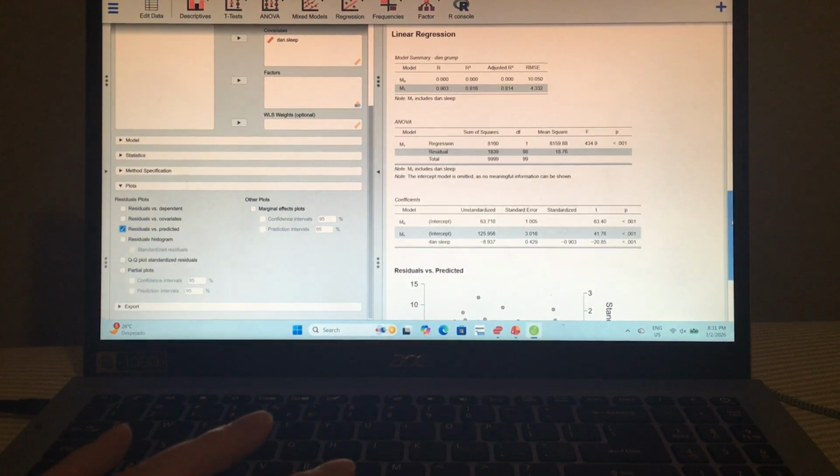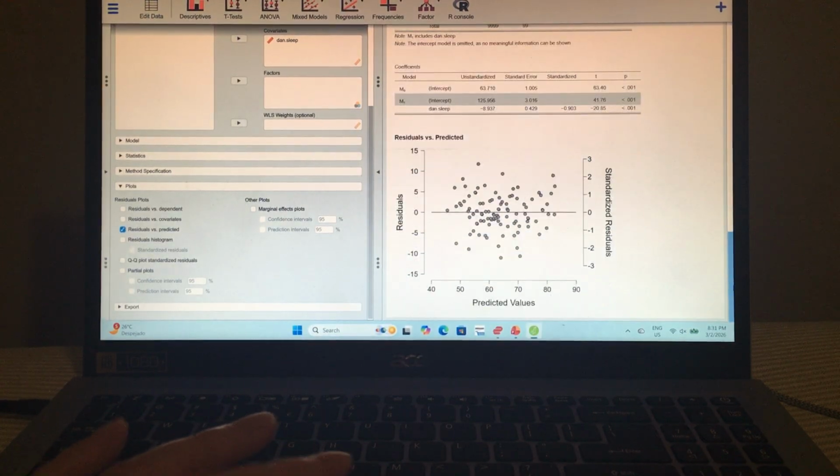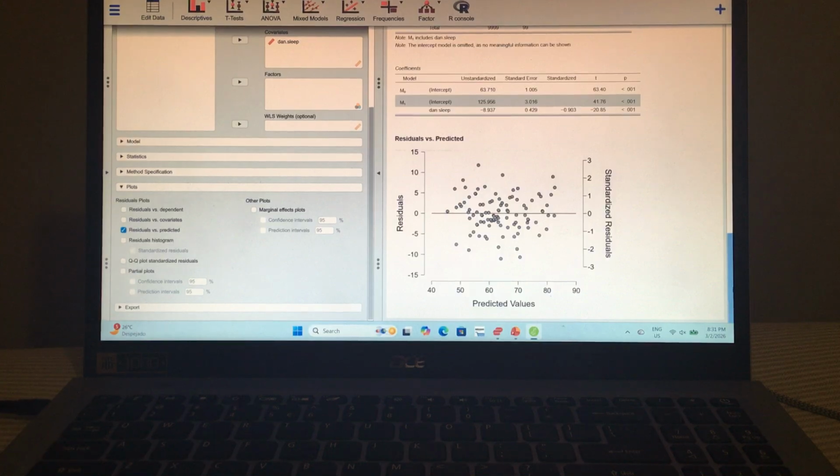Okay, let's see what that looks like. We're on page 10, figure 11.7, and it looks the same. So this is what we want to see. We want to see no clear relationship between the residuals and the predicted values. So it basically looks like a blob.